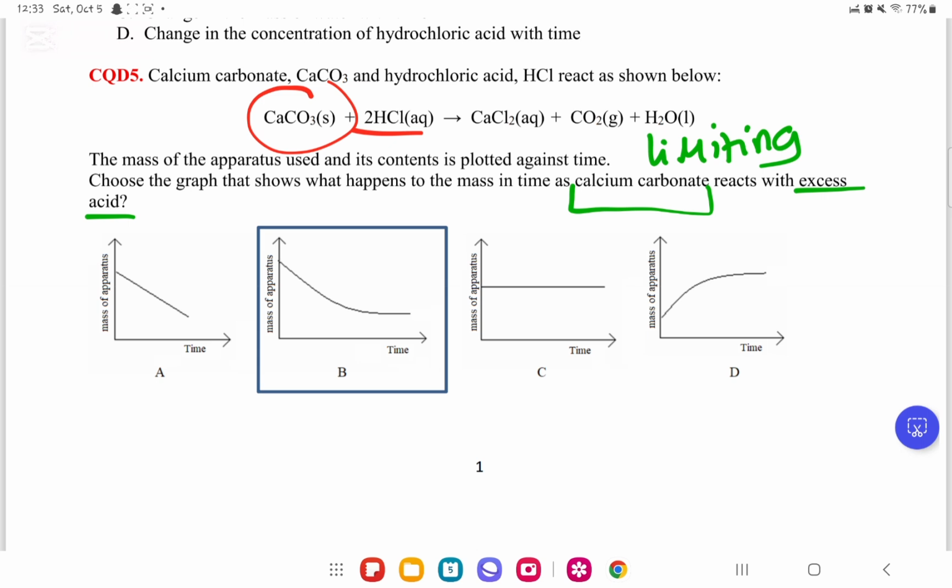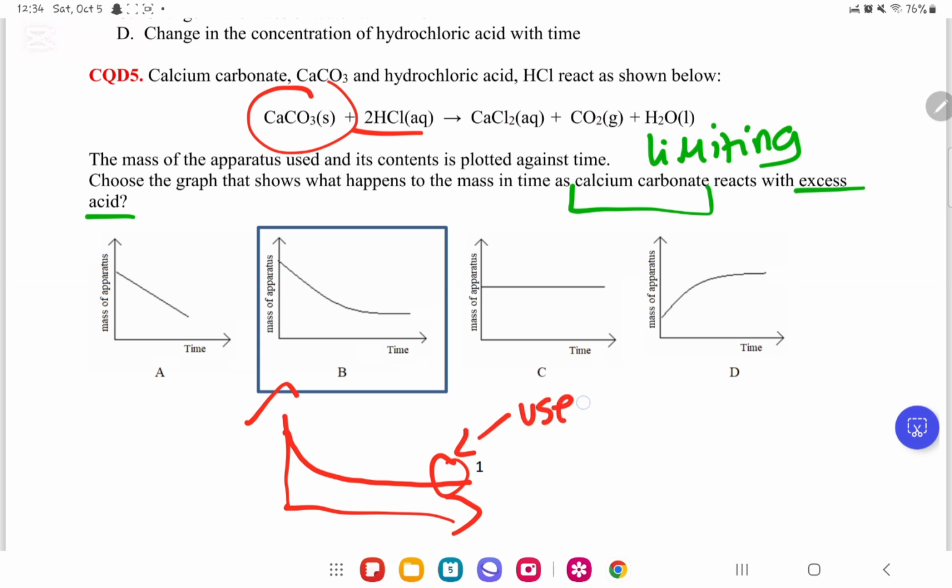CaCO3 is a reactant, so definitely its mass is going to decrease over time because it's being used up. So if the mass of CaCO3 is plotted against time, it will start high, then decrease, and at some point it will become a straight line. Why is it a straight line? Because it is used up.